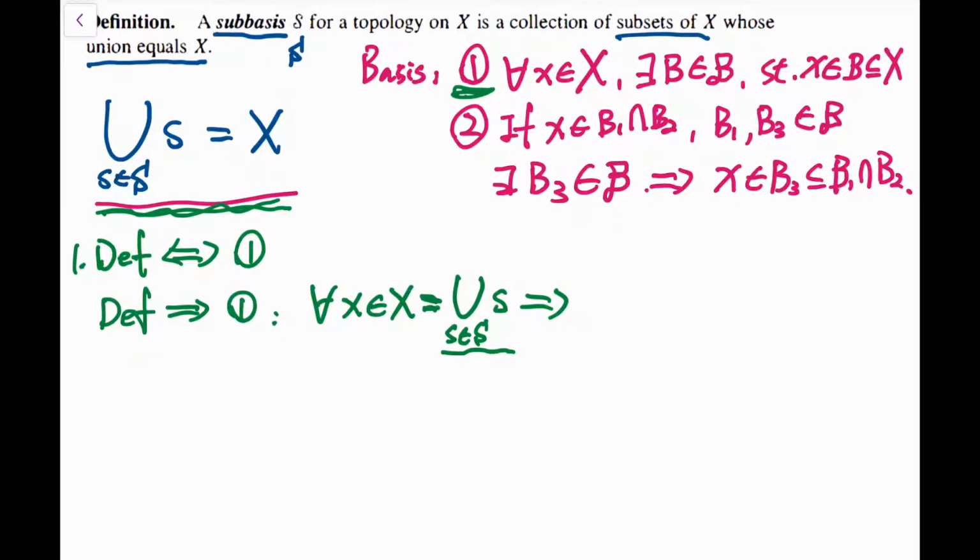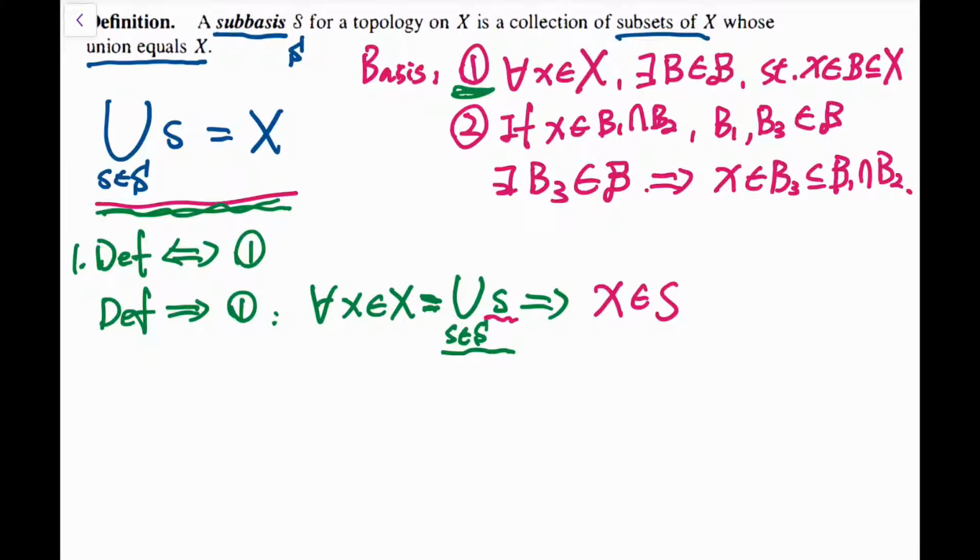Then what we can get is that x should belong to one of the subbasis elements from here, because this is the definition of the union operation. If one element belongs to the union, the element should belong to one set in the union.